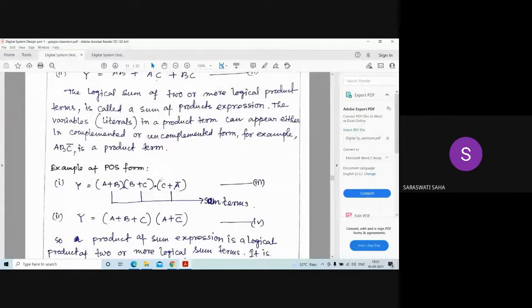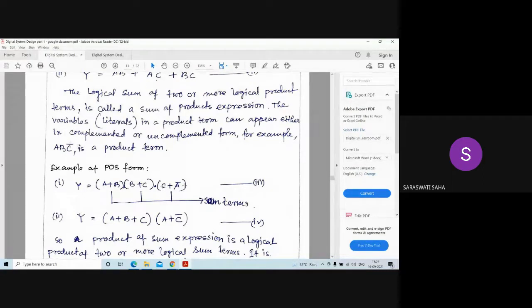Now, in this kind of representation, you have seen that in A plus B plus C, this sum term contains all the literals, but here the B literal is missing. So it is not in standard form. Here, this sum term contains A, B, but C is missing. Here B and C are there, but A is missing. Here A and C are there, but B is missing.